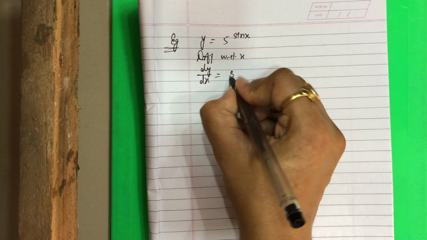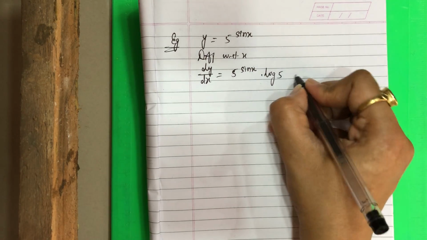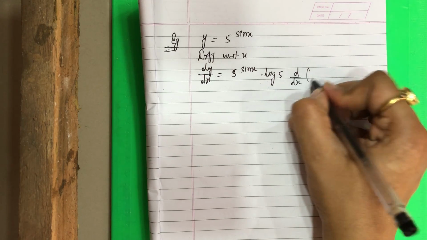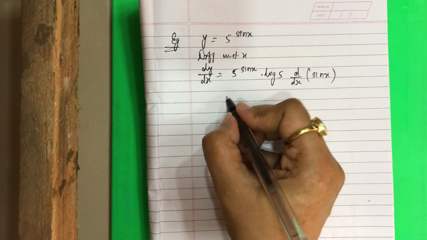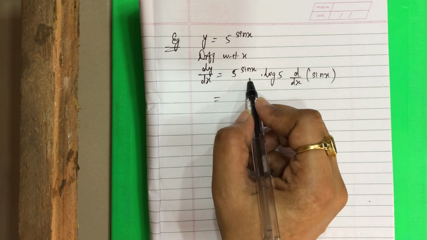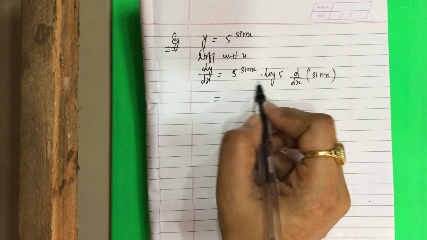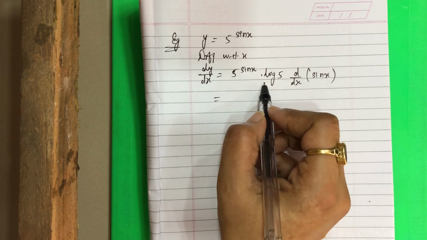So this will give you 5 raised to the power sine x into log 5 into d by dx of sine x. This is the formula which we had just discussed, a raised to the power fx into log a.